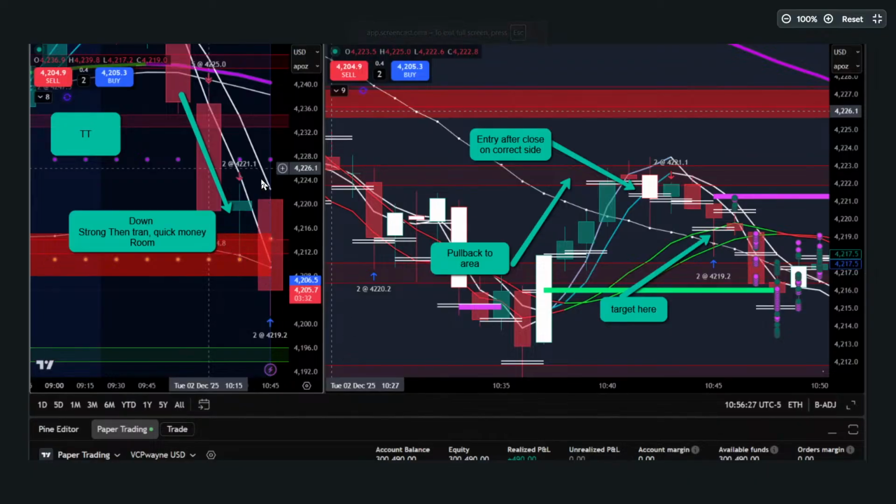And then triggers down, strong, transition, pulls back to the area, closes below. Nicely done. Right at the outer band. I love it, Trina. Good job holding. No opinions, just targets.